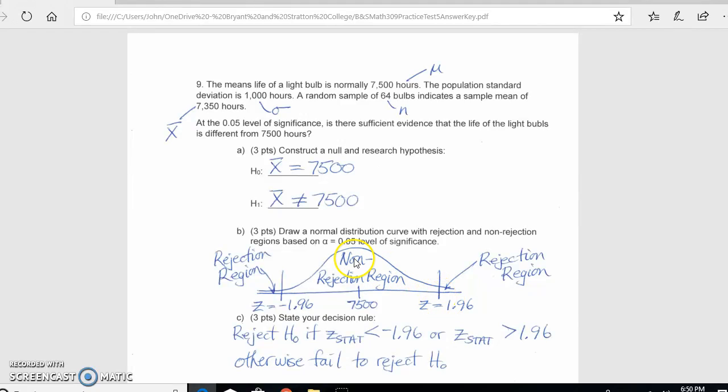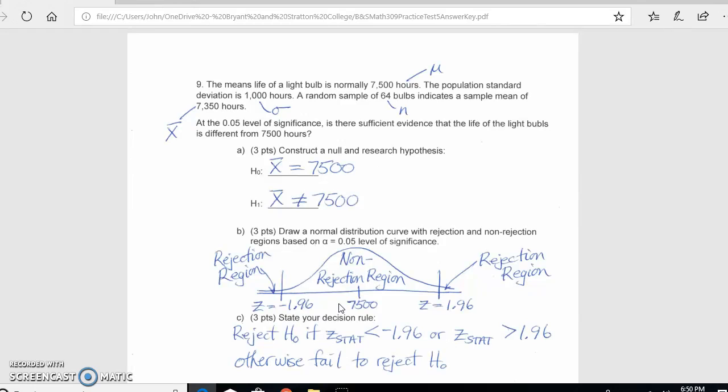And then, based on the level of significance, 0.05, the z is going to be equal to 1.96. We've seen that number quite a few times before on the positive side, and then the z is going to be equal to minus 1.96 on the negative side. The population mean of 7,500 is in the middle of the curve.